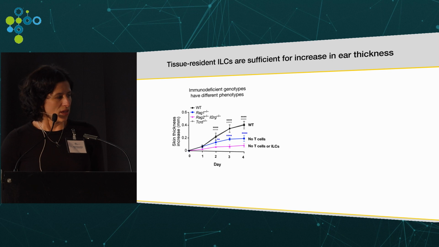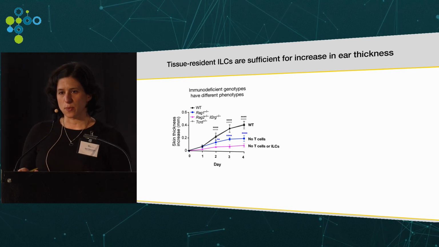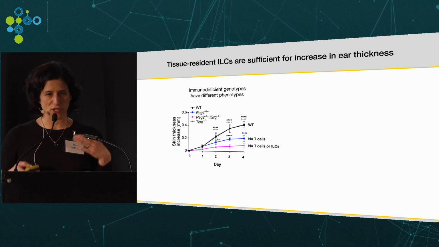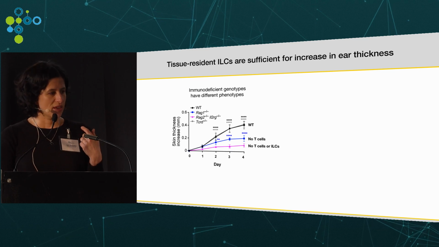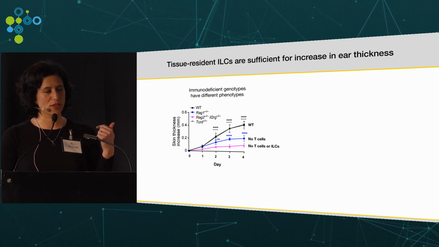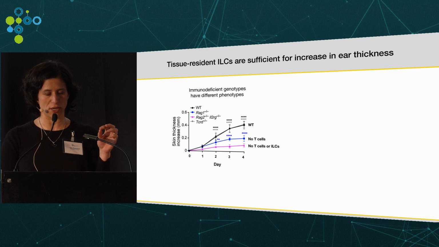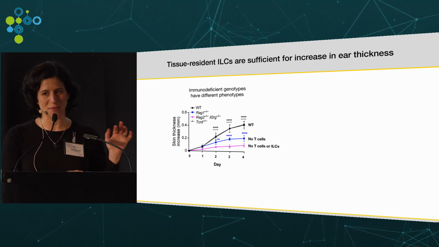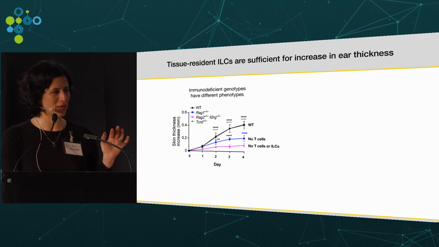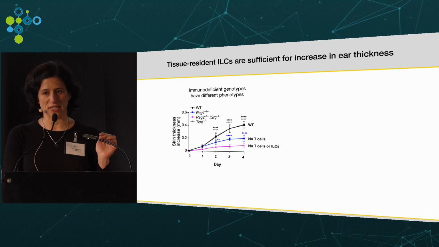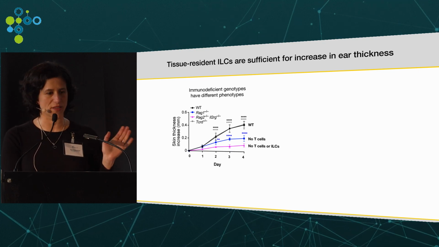So the first thing is just to establish that this model is working, and we do see this increase in ear thickness due to IL-23. We're pretty sure that ILCs are contributing a part of this, but it's very complicated. If anyone's done immunology, you know it's very complicated. All these different cells are working together, including a different kind of T cell that's local.